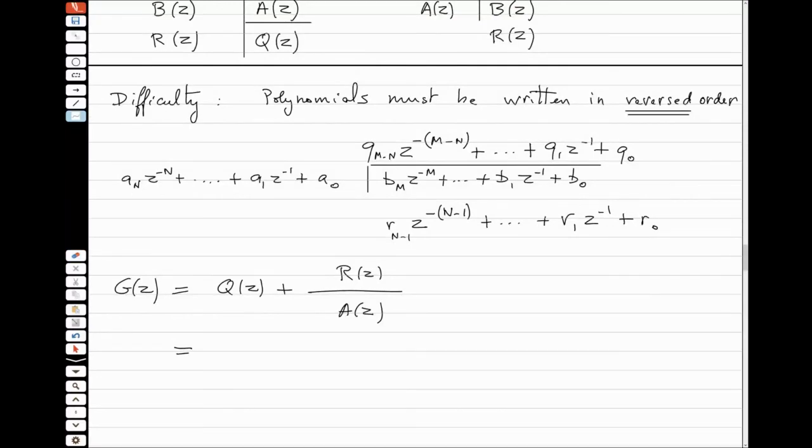But then when you go back to the expression, this is the dangerous part, you have to reverse the order of the polynomials.